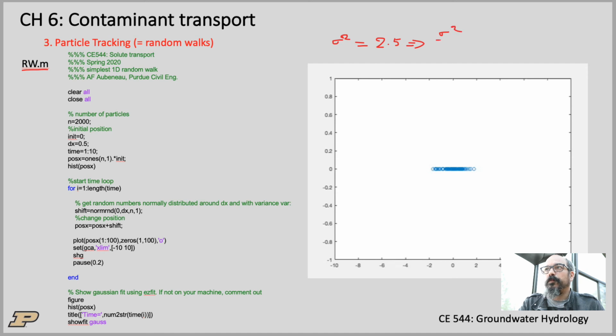Times 2, remember, sigma squared over 2t equals D, equals 0.5, which is here. This is what we used to get our dispersion coefficient. So everything is self-consistent, if you will.